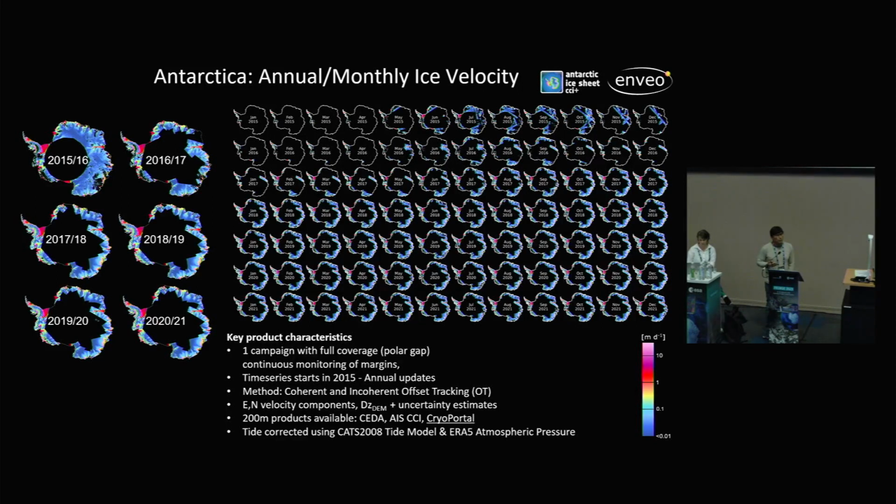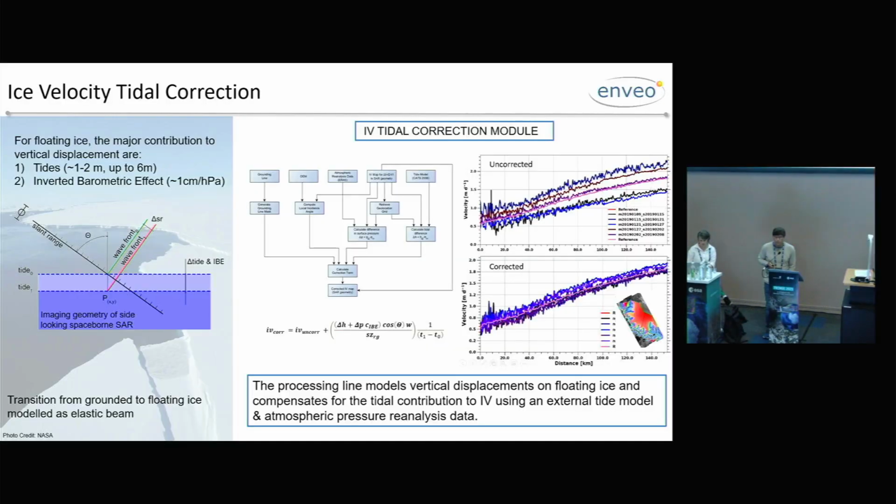So especially for the floating ice, we have some tidal effects which are going up and down, and therefore this has an impact, of course, on the ice velocity, and we established a method in order to correct for this tidal motion, which has an impact only on the slant range displacement.